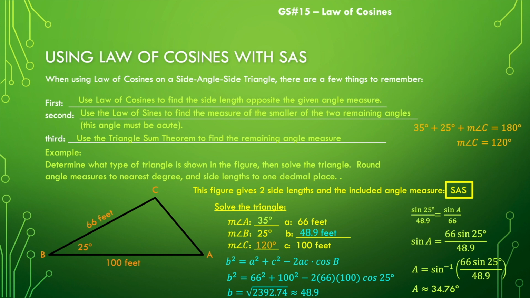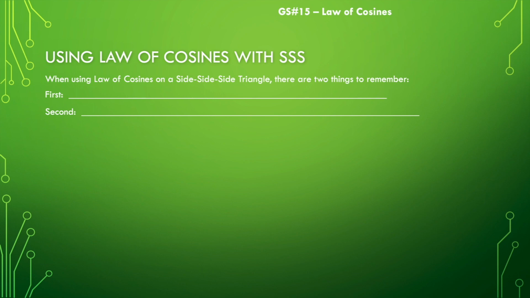All right, so the next type of triangle we're interested in is an SSS case where we know all three side lengths but no angle measures. In this case, we are going to use the law of cosines to find the angle measure opposite the longest side length.